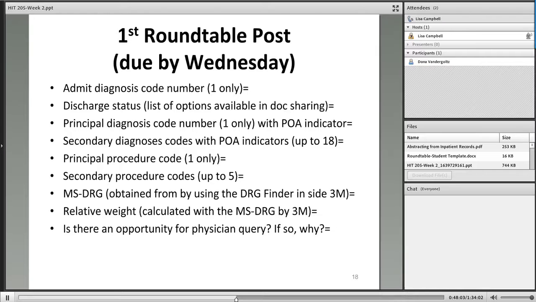The guidelines further state, this is again from Chapter 3, I cannot emphasize, if you did not read chapters 1, 2, 3, and 24 from last week, it is critical that you keep up with the readings. So the guidelines further state that other diagnoses are all conditions that coexist at the time of admission, that develop subsequently, or affect the treatment received and/or the length of stay.